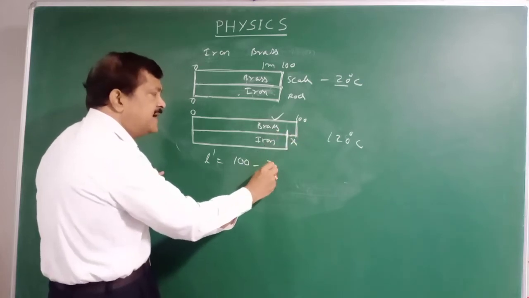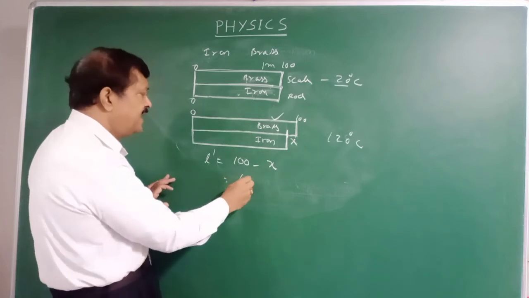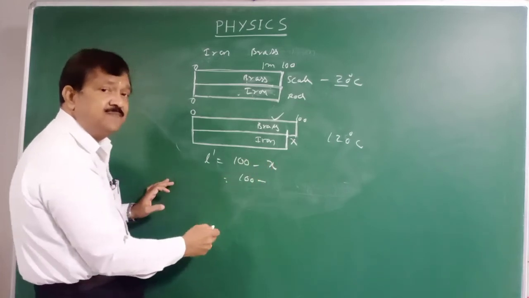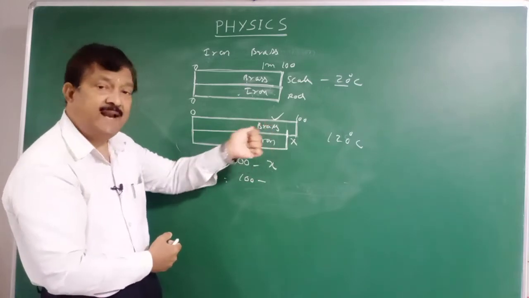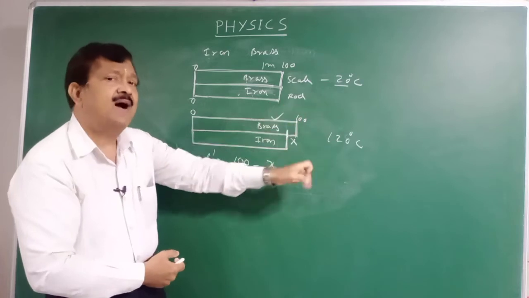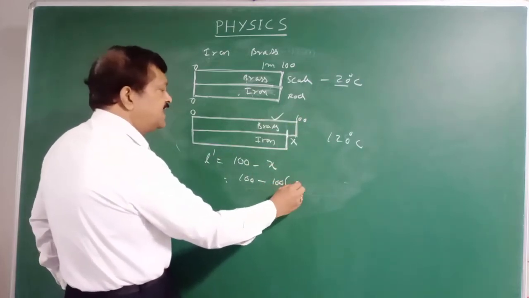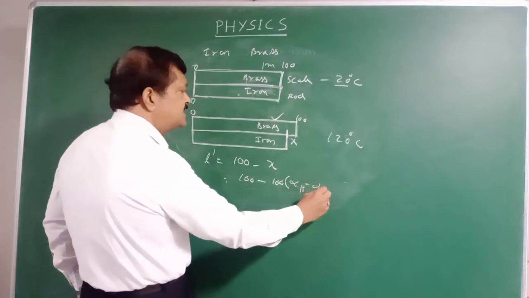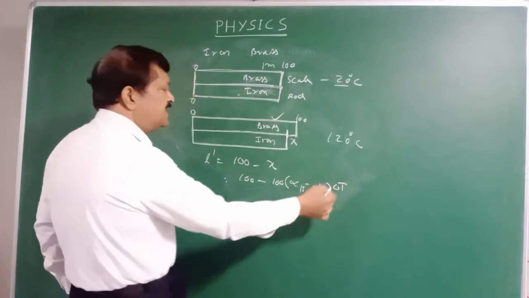So it is 100 minus x. What is this x? We know it is the differential expansion of the brass scale and the iron rod corresponding to this change of temperature, 100 degrees centigrade. So very clearly it is the initial length times alpha of brass minus alpha of iron or steel, multiplied by the change in temperature, 100.